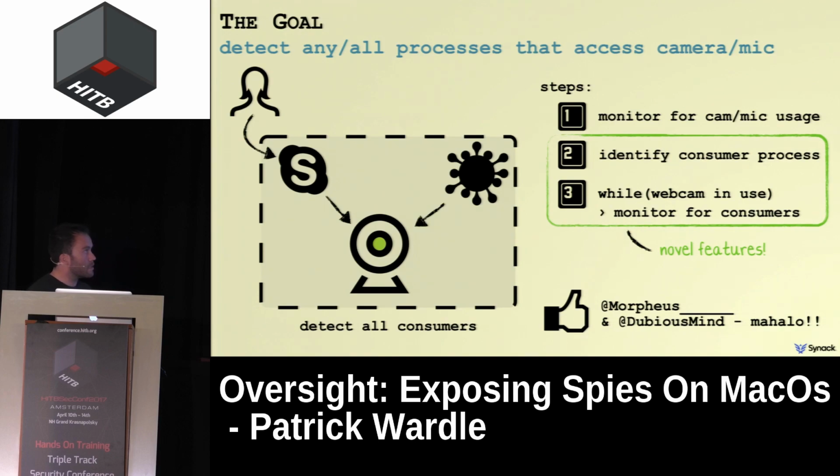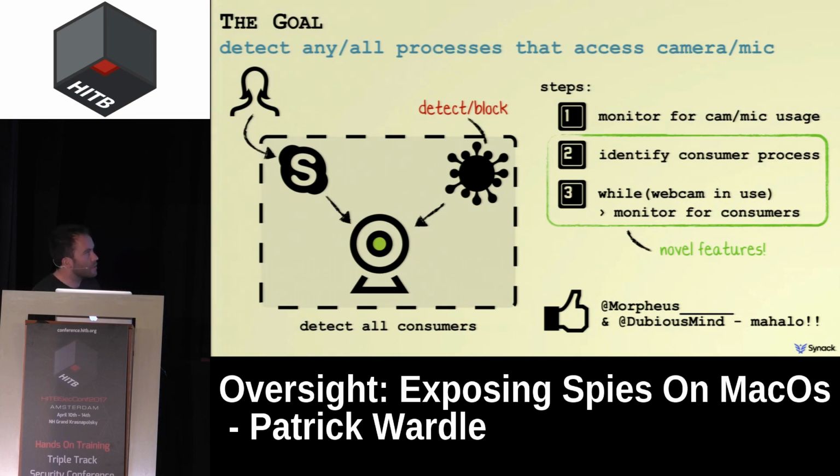The goal of the tool is pretty simple. I basically want to be alerted anytime any process accesses the webcam, even if the webcam is already in use. And then I also want the tool to be able to identify what process is using the webcam. So yeah, the LED indicator light may be on, but I want to know what application or process is the one actually using that.